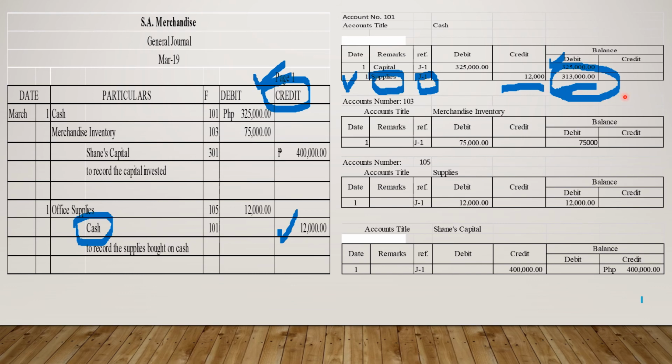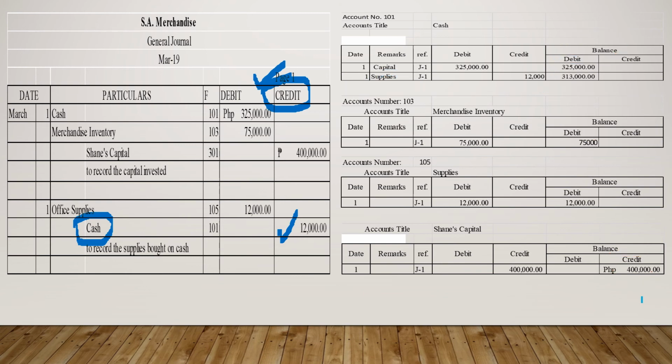Ngayon, nagtataka, sir, paano po namin malalaman kung ang isang account po ay dapat ba nasa debit or credit ang kanyang balances? Marami po tayong way para hindi kayo malito.